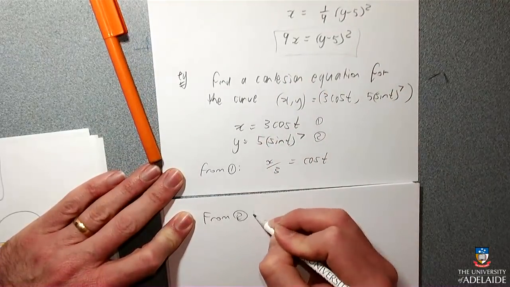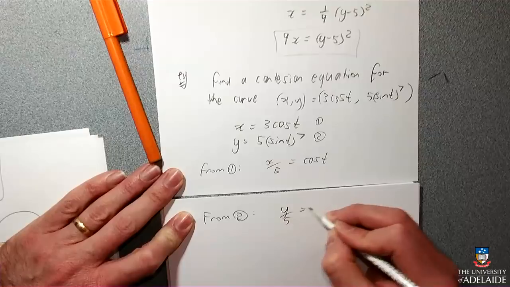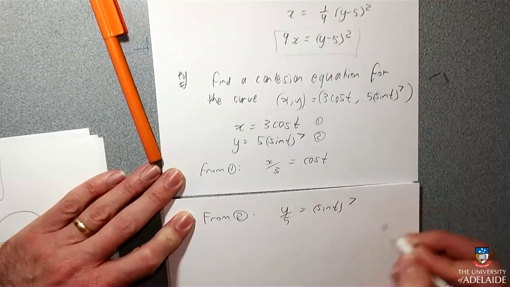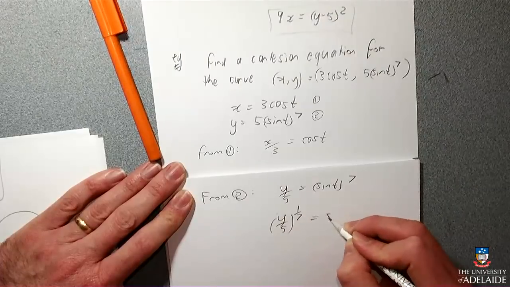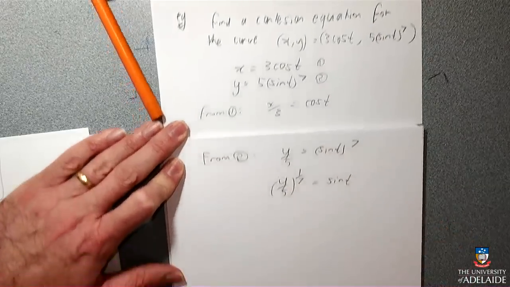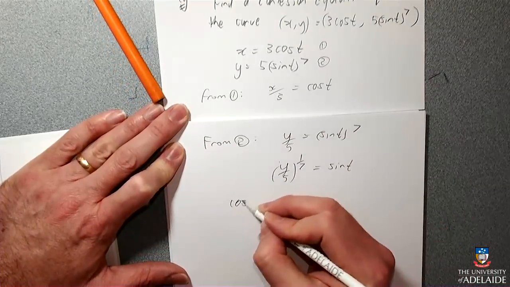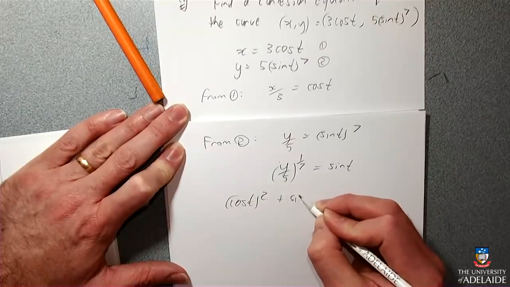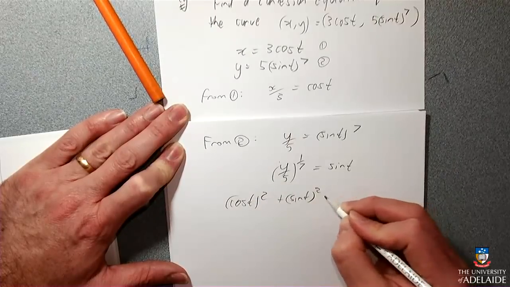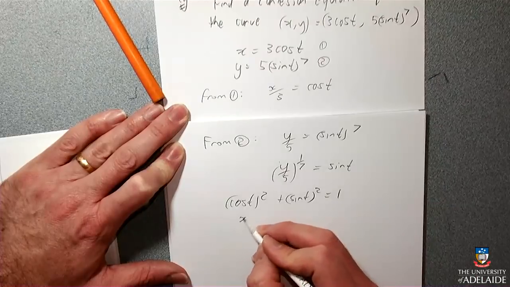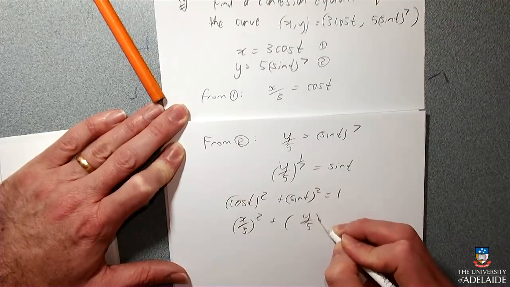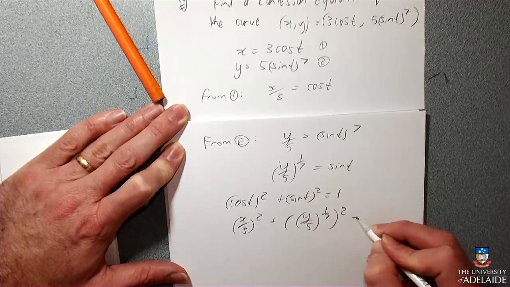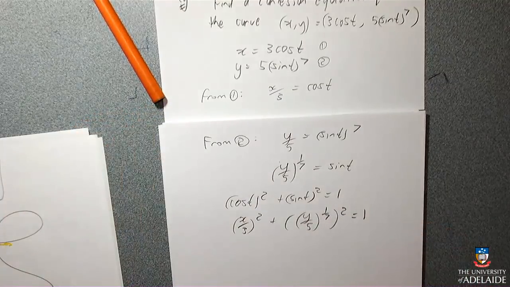And from number 2, I've got y on 5 is sin t to the 7. So y on 5 to the power of a 7th is what sin t is. And I know that cos t squared plus sin t squared is 1. And so therefore I can sub that in. And the t's are magically gone.